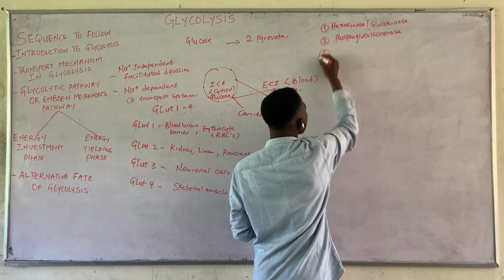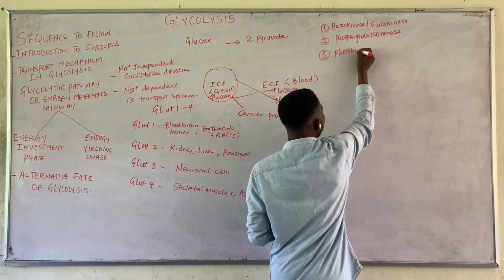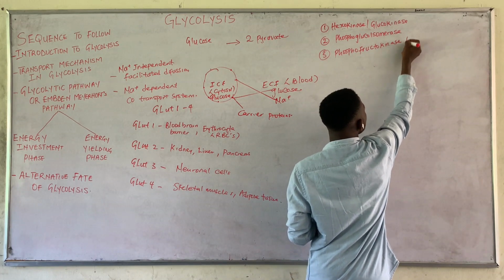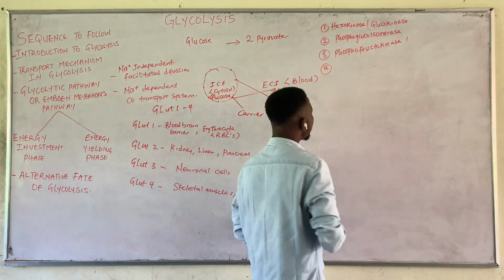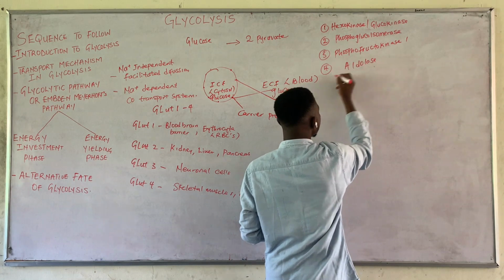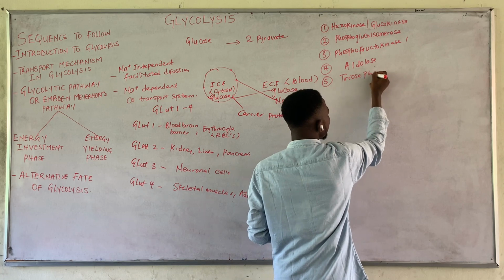The third enzyme in the glycolytic pathway is phosphofructokinase 1. Then the fourth enzyme is aldolase. The fifth enzyme is triose phosphate isomerase.